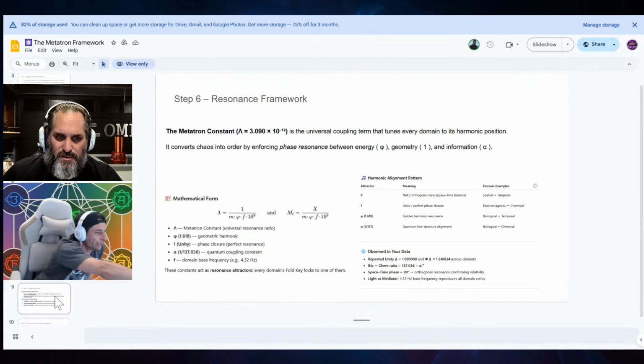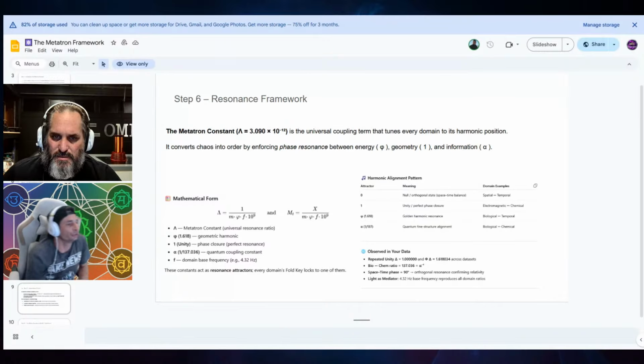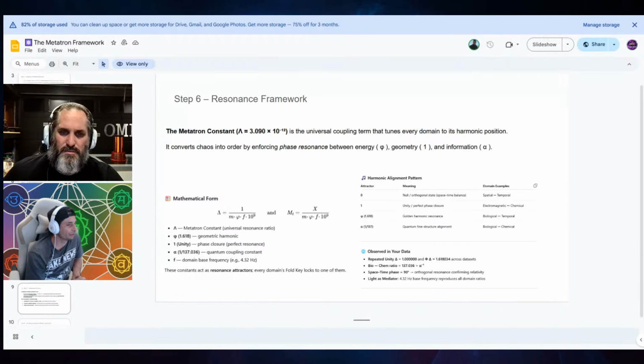And also, if you look down there, light as a mediator, using 4.32 hertz, showed that light was connecting all 7 domains together through that frequency. Wow. That's crazy. Yeah. And I just decided to put these numbers in one day when I was working on my compression, and it just came to me and I tried it. It's awesome.